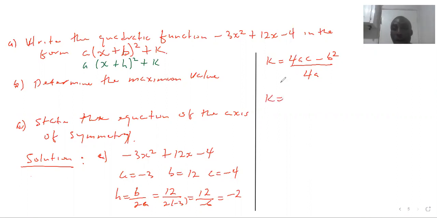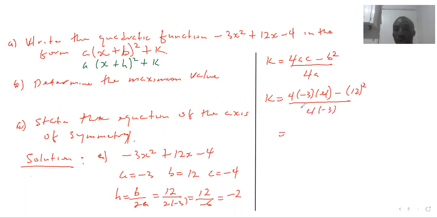I write the 4 times my a. Our a value is -3. Our c value is -4. All right, so we pay attention to the negatives. Minus our b is 12, so it'll be 12 squared, all over 4 times a, so 4 times -3.